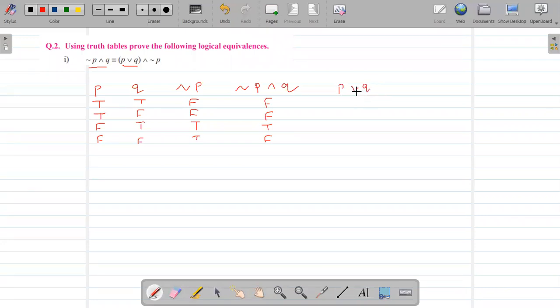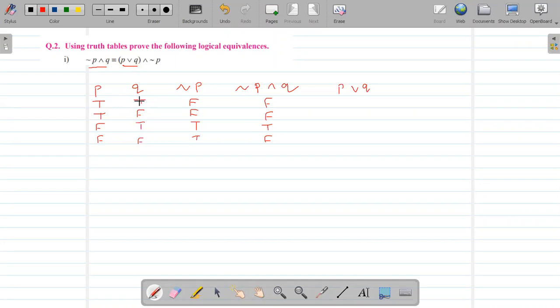Have you seen how I pronounce it? P or Q. You can call it disjunction, but usually we pronounce it as P or Q. Let us write down the output of P or Q. What will happen in the case of disjunction? If any one is true, then the output will always be true.